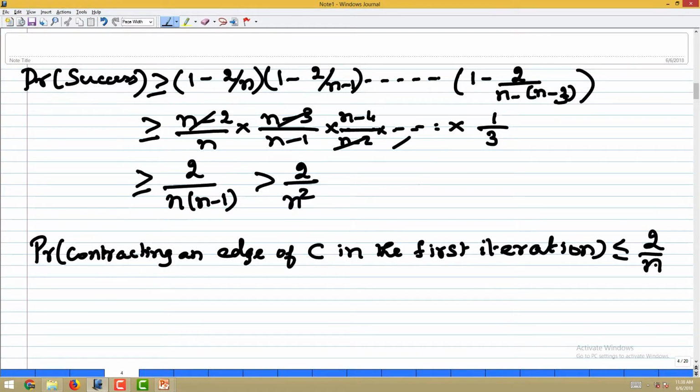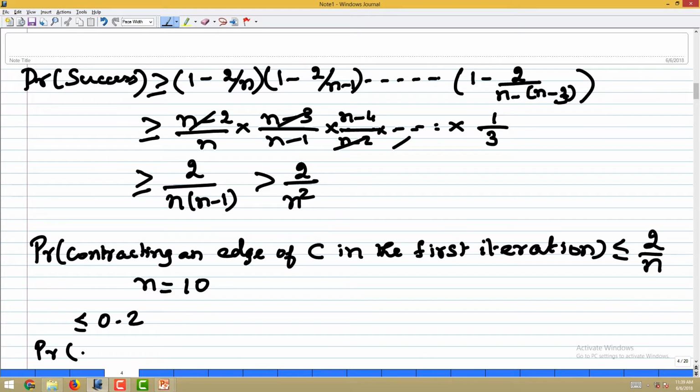If you assume n equal to 10, easily you can finish it off. 0.2. What is the second iteration?